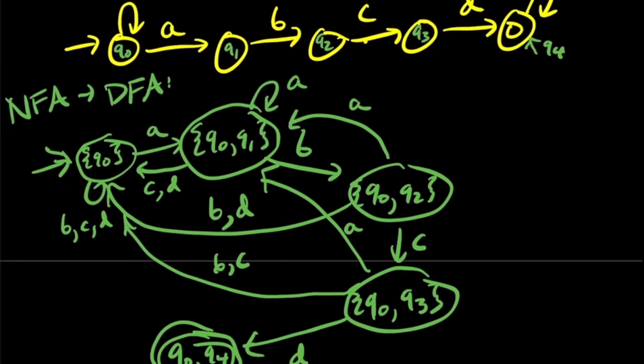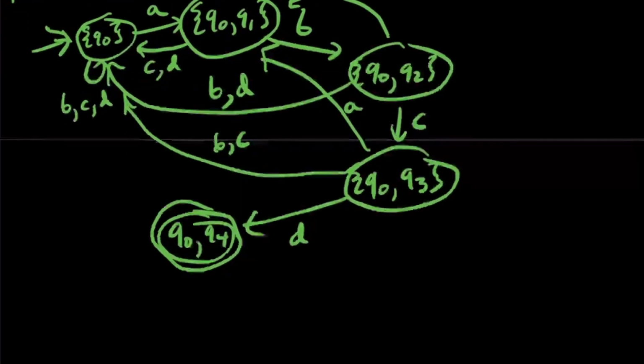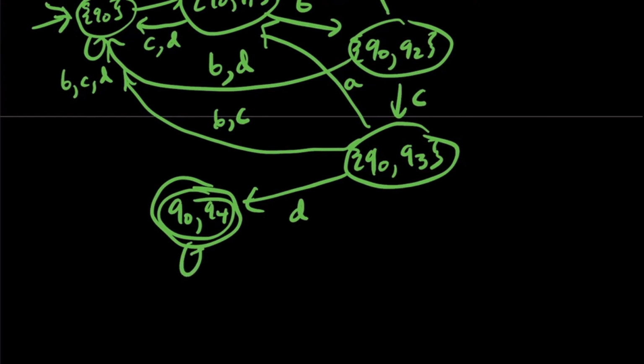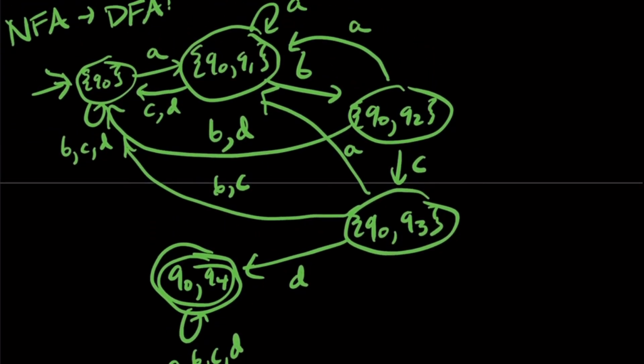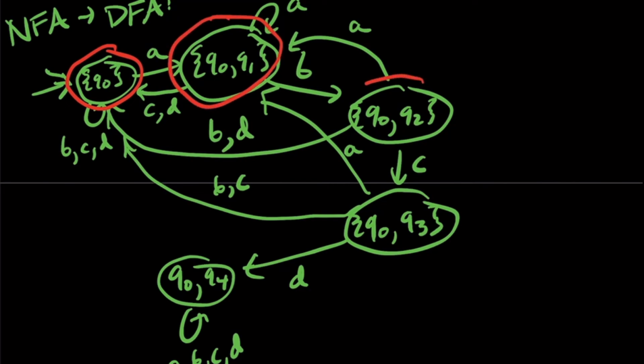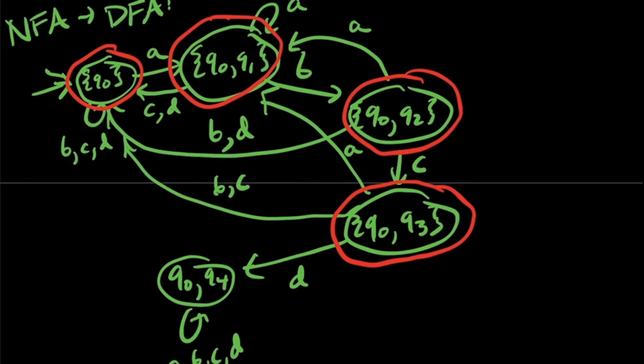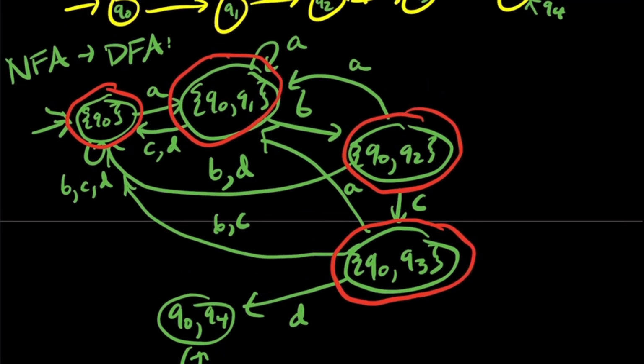Yep. And then if I have a 0 or a 4, then that's going to loop on everything: A, B, C, D. And of course, we need to complement what states are final, so let's go ahead and do that. I'm going to make that guy final, that guy final, that guy final, and that guy final. Cool. So that is a DFA for all strings that do not have A, B, C, D as a substring.